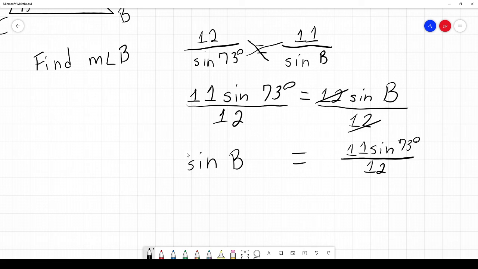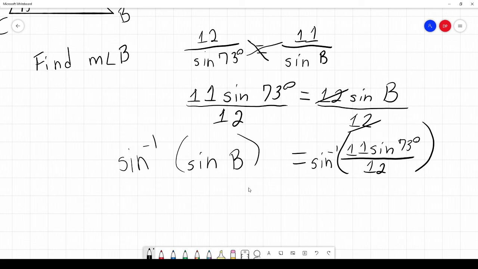So remember that our left side here, after we find the sine of B, is going to be a ratio. So what we can do is take inverse sine of both sides. This is an equation, so if both sides are equal, taking the inverse sine of both sides should send both sides to the same angle.